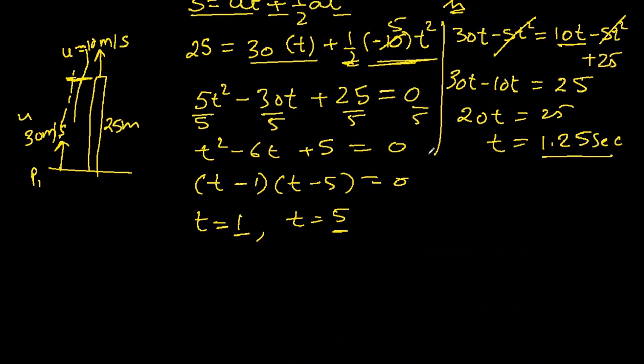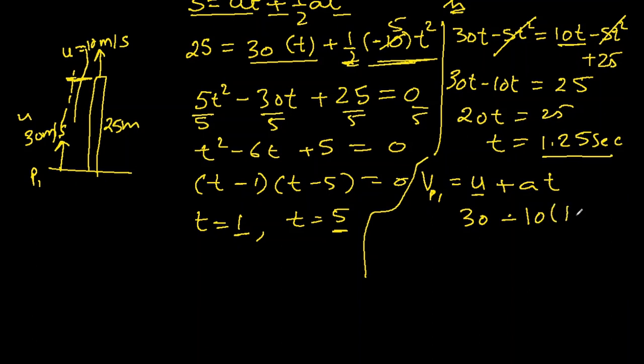Okay, but the question was to find the velocities of those particles. Now it becomes easy to find velocities. So the velocity of particle 1 will be u plus at. U was 30, and minus 10 is the acceleration. Time is now 1.25. So 30 minus 12.5, 17.5. This is the speed of particle 1.